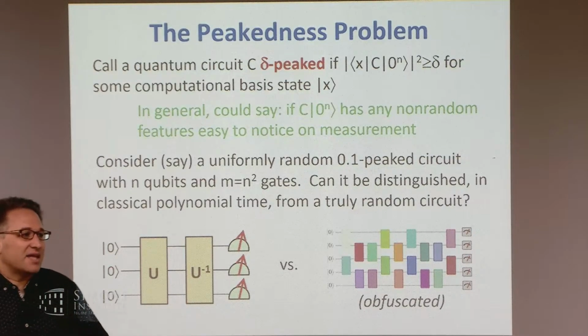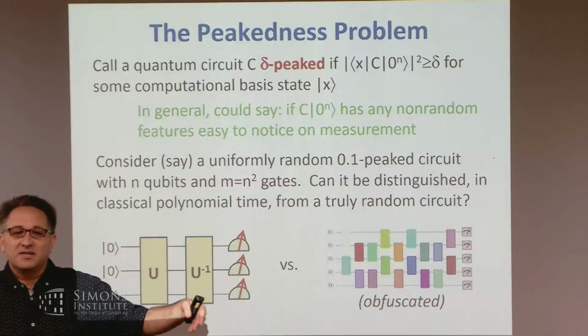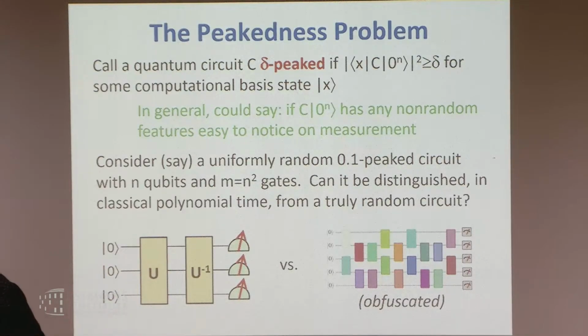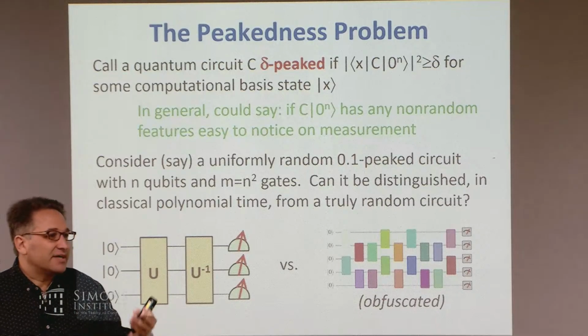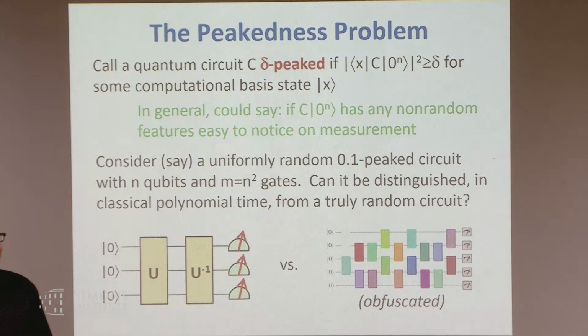Now I give you a circuit drawn from that conditional distribution, and let's say you only have a classical computer. Is there anything about that circuit by which you could tell it apart from just a completely random quantum circuit? Well, if you have a quantum computer, then yes.